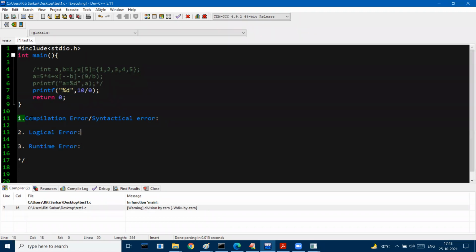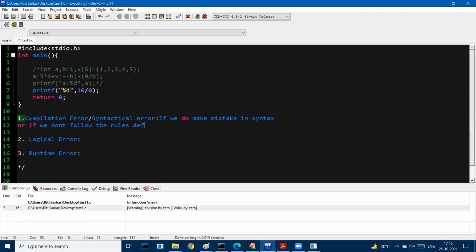These many errors are there in C. What is a compilation or syntactical error? If we make a mistake in syntax, or if we don't follow the rules defined for the programming language, that is nothing but a compilation error.